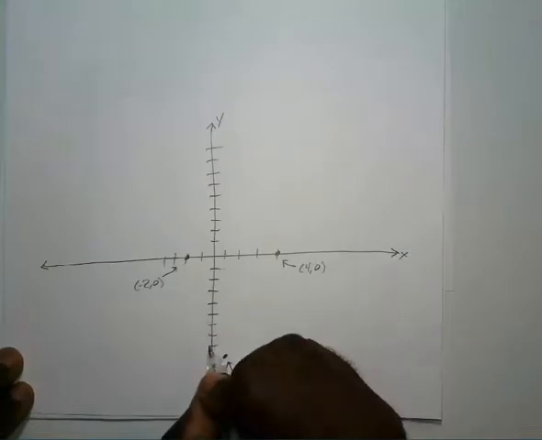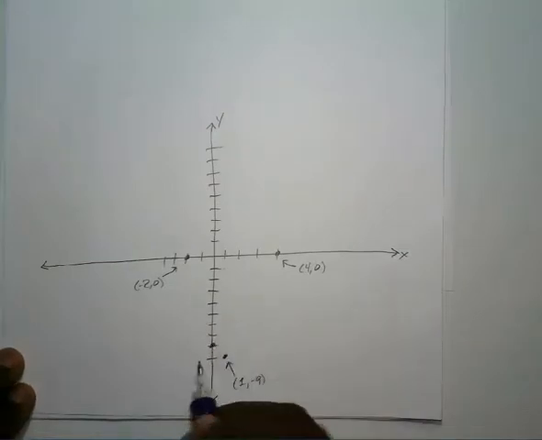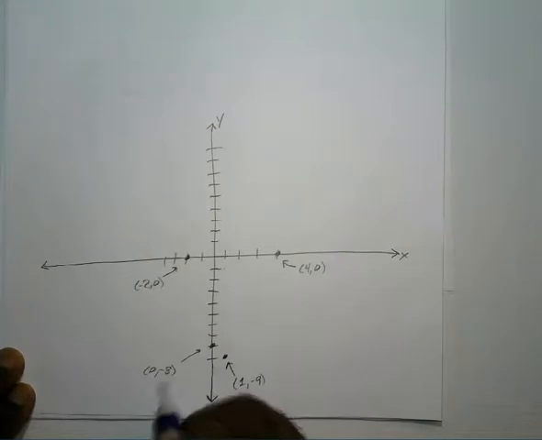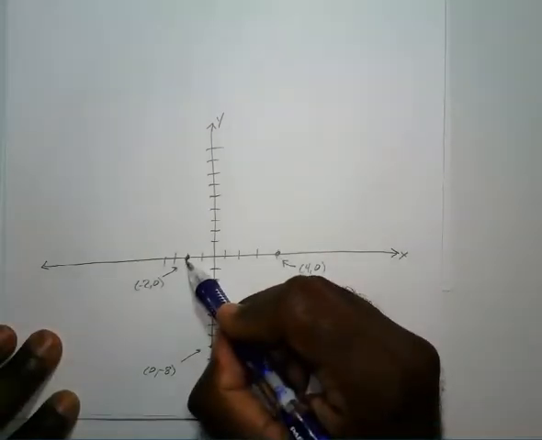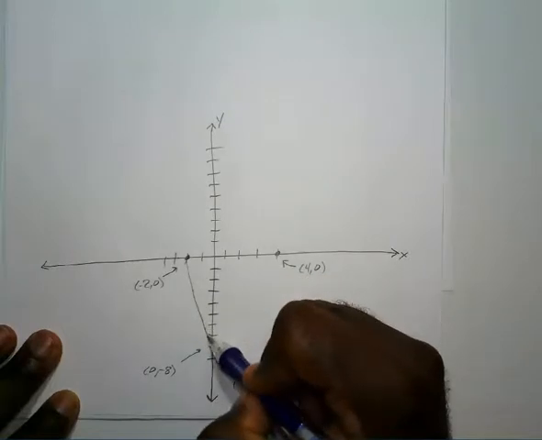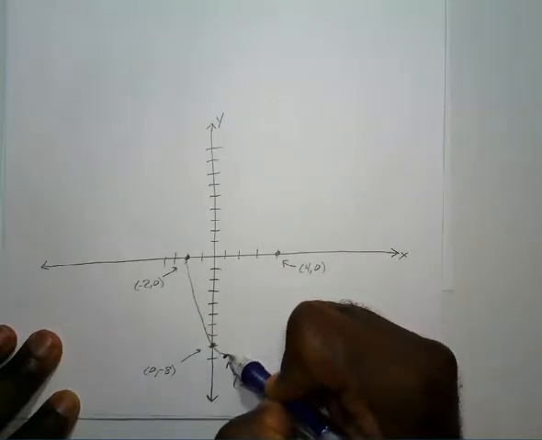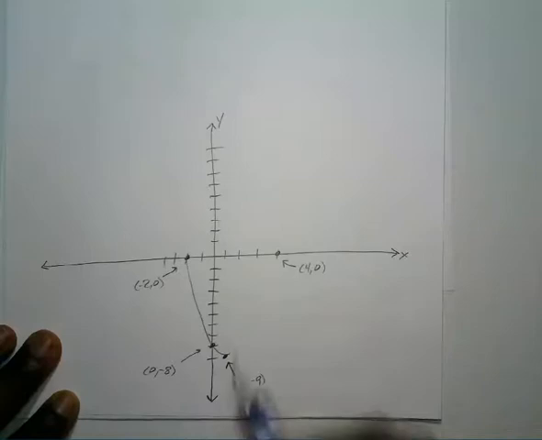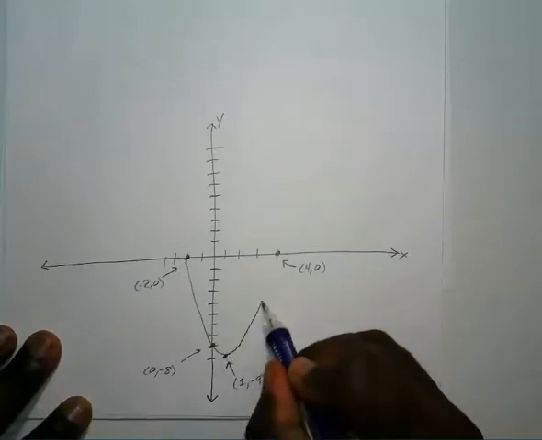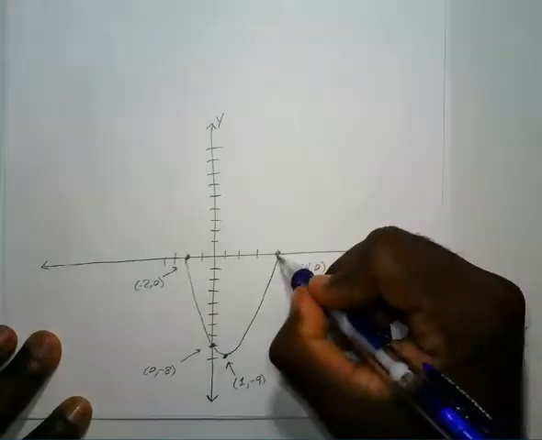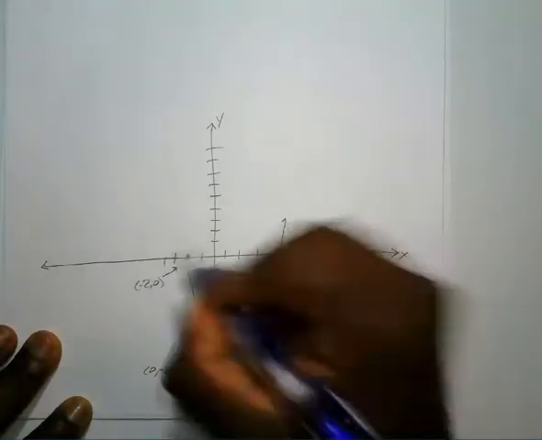And 0, negative 8 is right there. Now this side is going to go there. Remember, your vertex is your lowest point, so once you hit that, it's just going to go right back up to your value here.